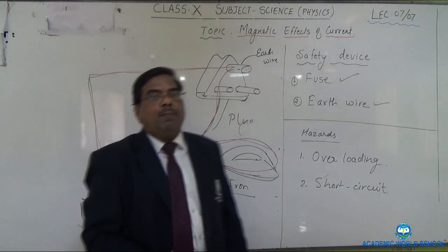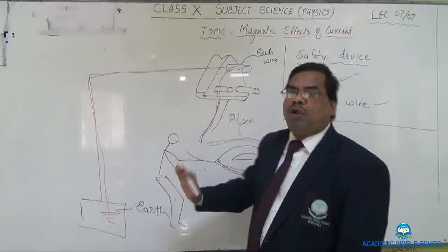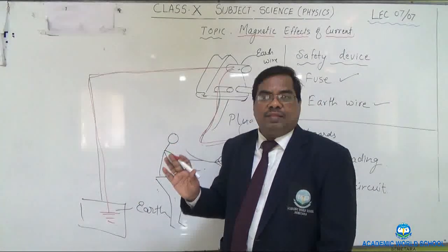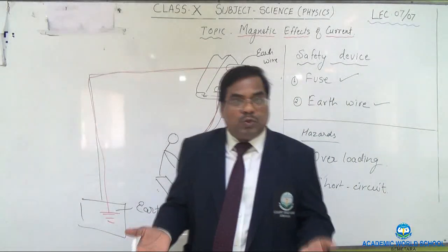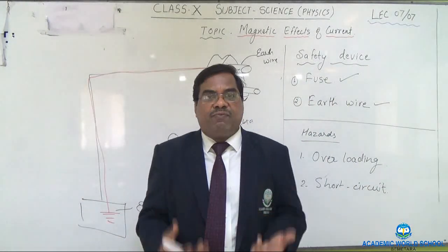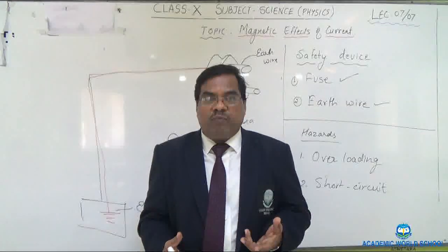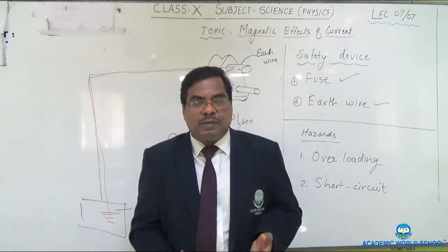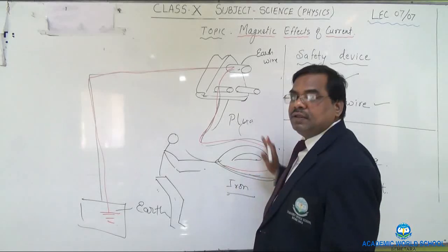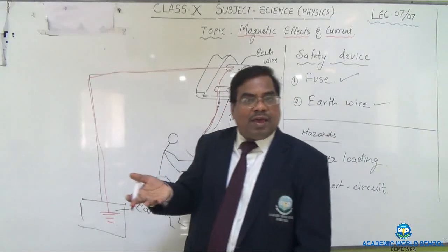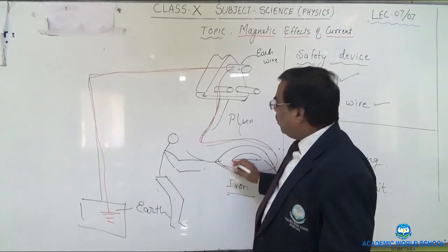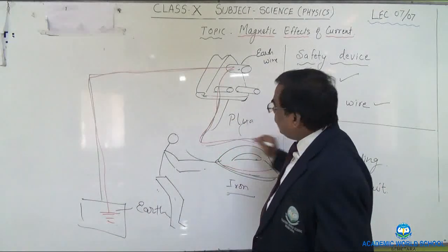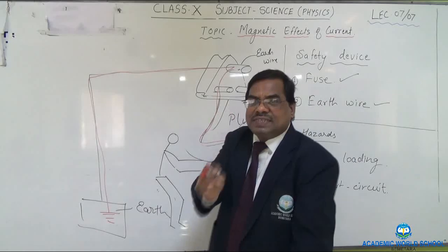By any means, you are not a good conductor. The wire is a metal, of course. Your body is flesh and blood, there is a lot of resistance. But metal wire will conduct better than the body. So the current will opt for an easier path which has less resistance.